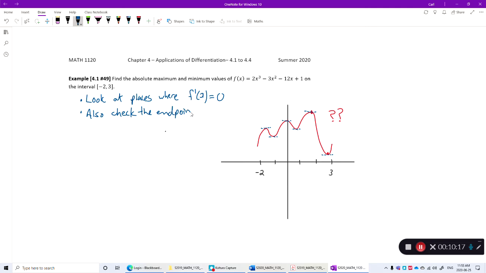The endpoints might be where the maximum is. For example, if I extend this just a little more, that endpoint is now the lowest point, right? So that could be the absolute min at the very left side, right? Okay, so that's the strategy.